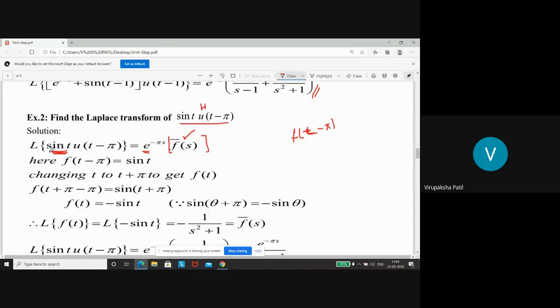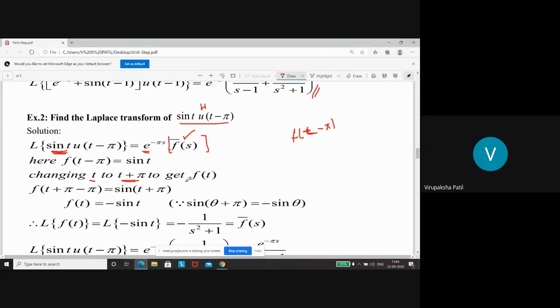So next, here f of t minus pi is equal to, they have given this as sine t, but we cannot find the Laplace transform of f of t minus pi directly, so I want f of t here. So what we will do is change t to t plus pi.